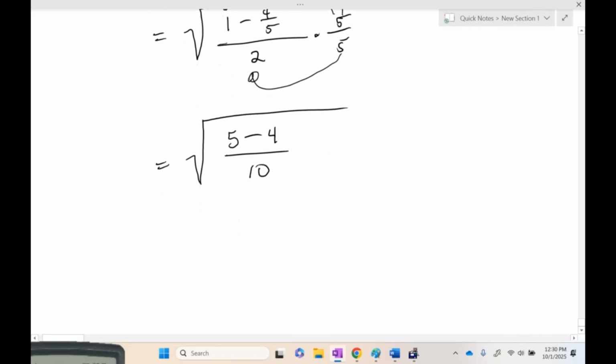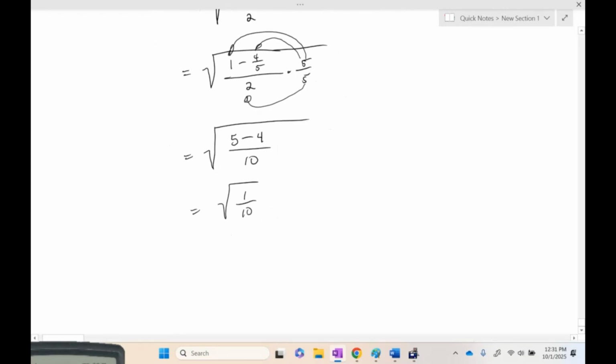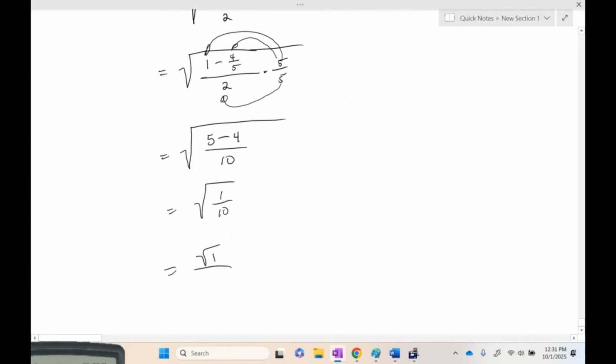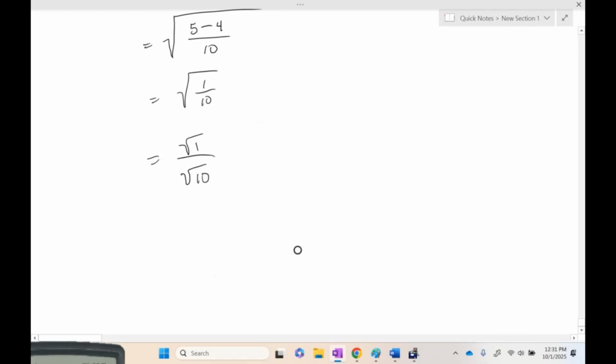So if we simplify the numerator, 5 minus 4 is 1. So that's the square root of 1 over 10. I could use the quotient rule for radicals and rewrite that as the square root of 1 over the square root of 10. And the square root of 1 is perfectly 1, so we get 1 over the square root of 10.